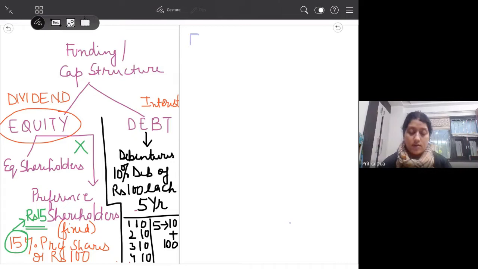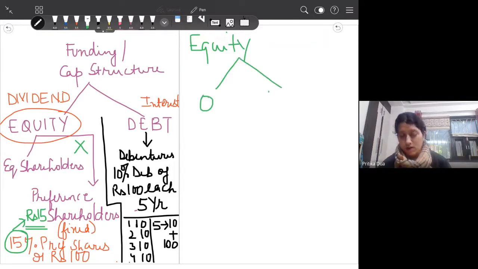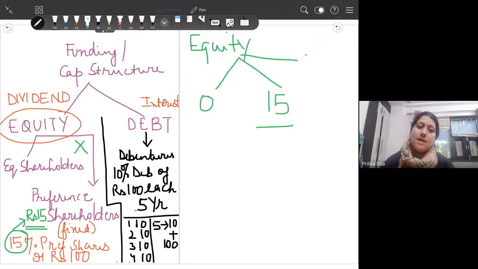So there is a possibility that in a particular year an equity shareholder might get zero dividend, or there may be a year when the equity shareholder is getting ₹15 as dividend, and there might also be a super year for the firm, and ₹30 per share is distributed as dividend. There is no fixed amount of dividend that needs to be paid to the equity shareholders.